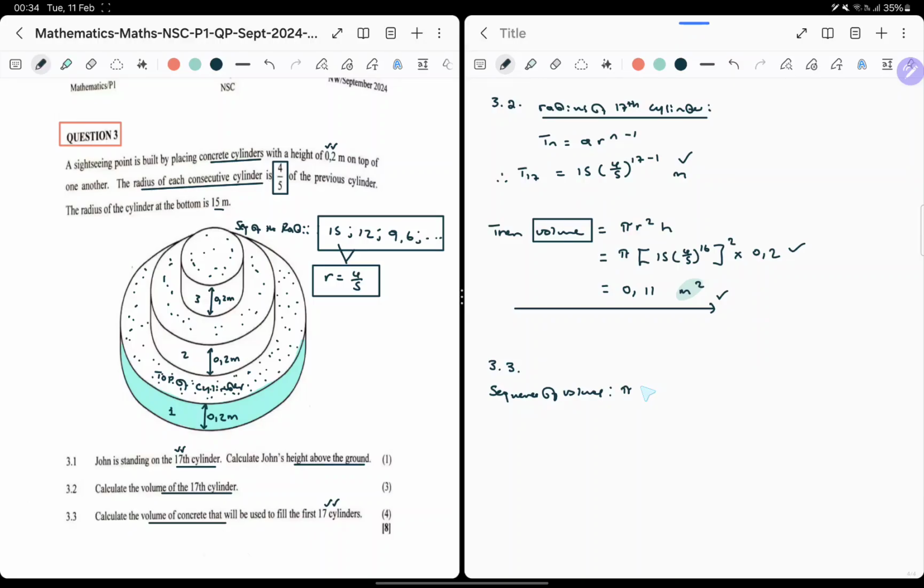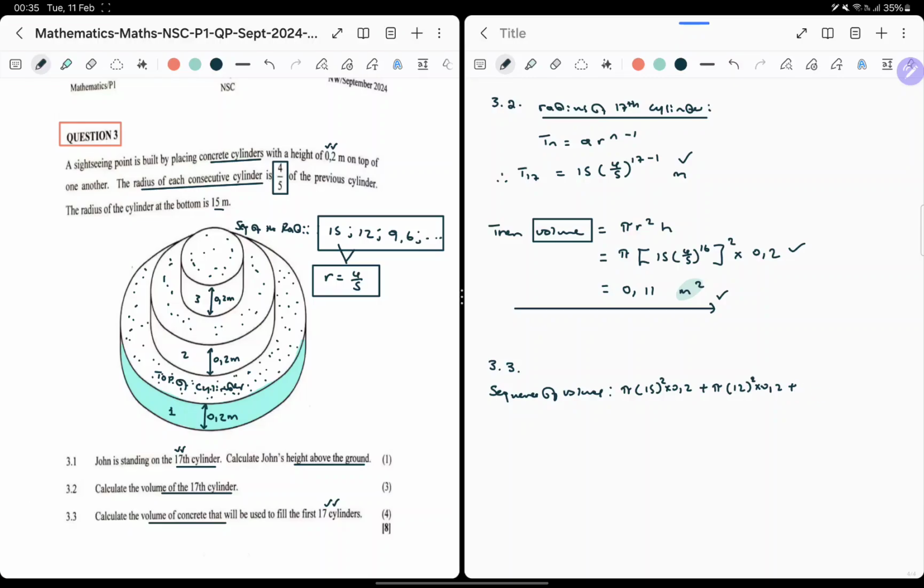So it's going to be pi, and r was told to us that it's 15, squared, times 0.2. And of course, remember we're doing the sum now, so we're going to make it a series. So this is going to be pi, the r of the second was 12, squared, times 0.2, right?